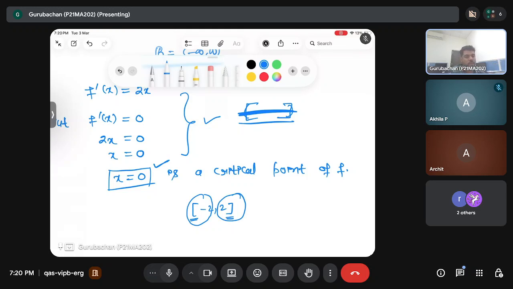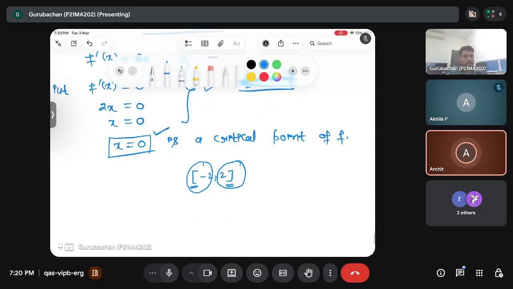And there are some points where the derivative is not defined. Those points are also considered critical points.